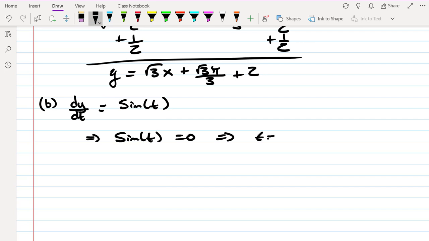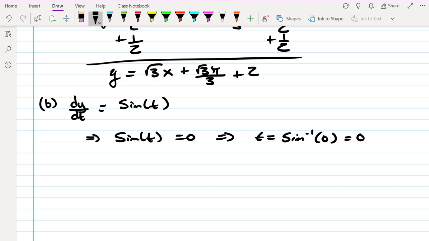So then we set this equal to 0, and we have sine t is equal to 0. So solving, t is equal to the inverse sine of 0, which is 0. And then the period of the sine function is 2 pi. And we know that sine is equal to 0 every pi units.